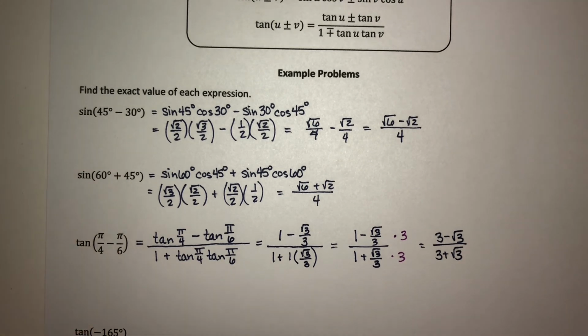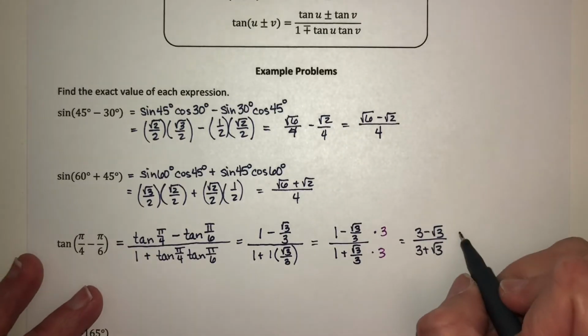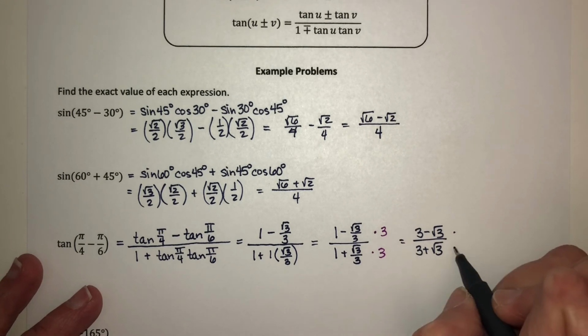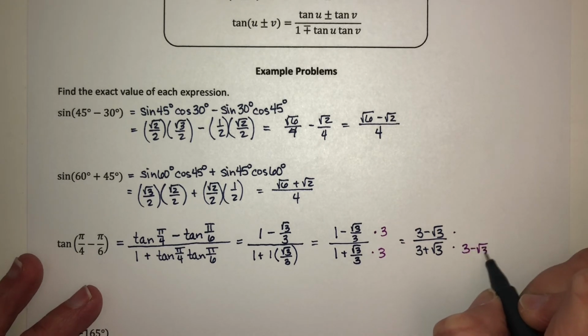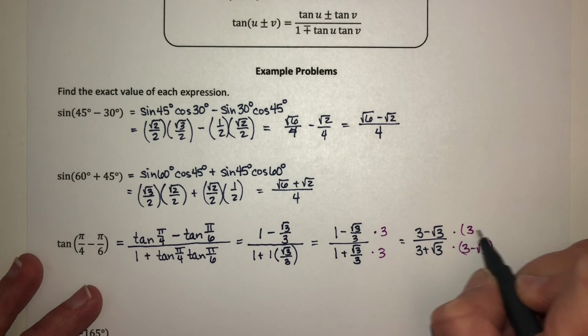Now your book does rationalize this one. So multiply top and bottom by 3 minus square root 3. So you have a difference of squares in the bottom.